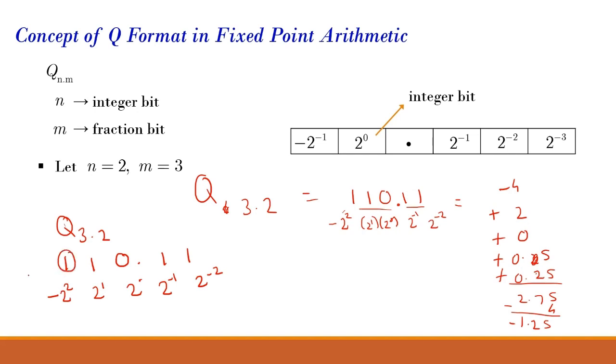So this is my sign bit. This is what determines whether it is a negative or positive number, based on the value in the sign bit. So this Q format is for the 2s complement notation.